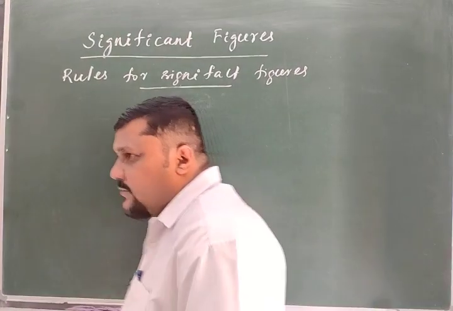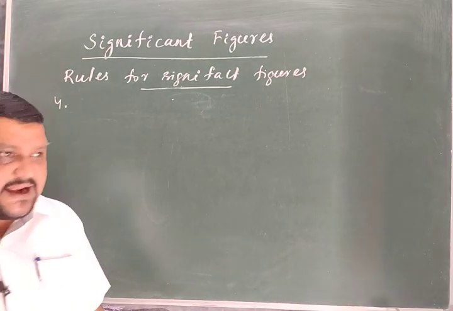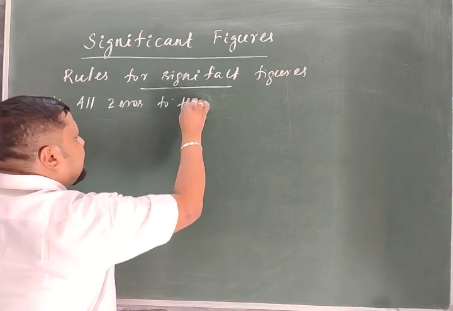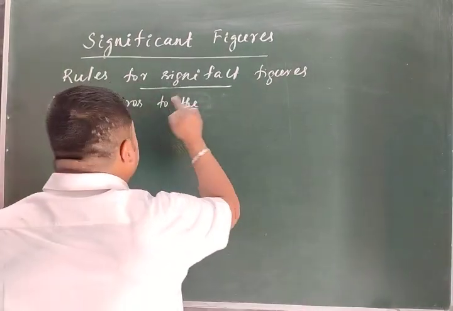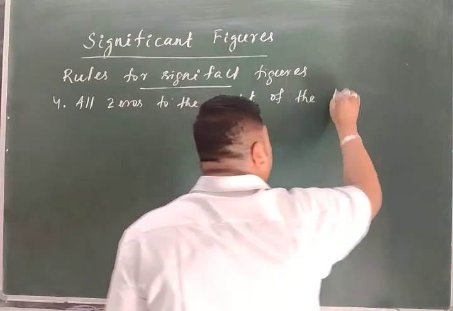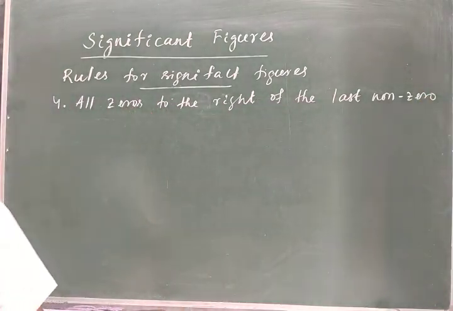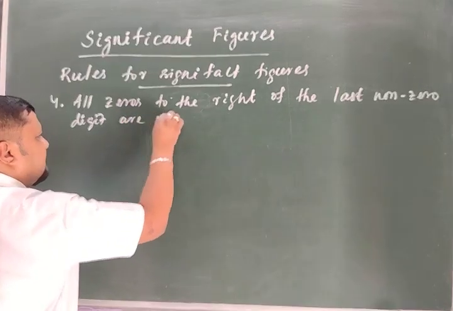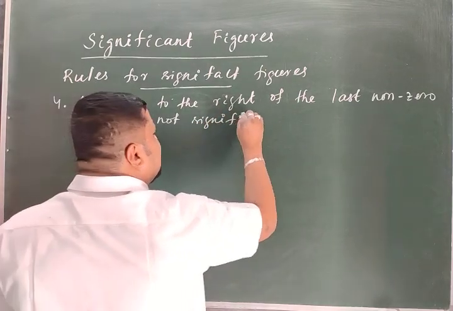Let me erase this one. Now let's come to rule number 4. Rule number 4 says that all zeros to the right of the last non-zero digit are not significant.